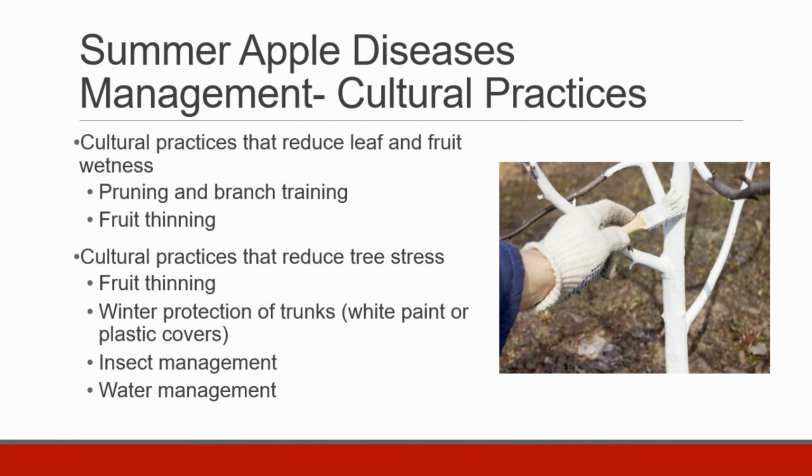Winter sun scald or southwest injury occurs when the trunks heat up during a sunny day, followed by a rapid drop in temperature at dusk. Southwest injury is very common in Ohio, and Honeycrisp are very susceptible to southwest injury. Painting the trunks and branches white or putting white plastic around the trunks will help reduce winter injury and reduce white rot and black rot infections in the spring.